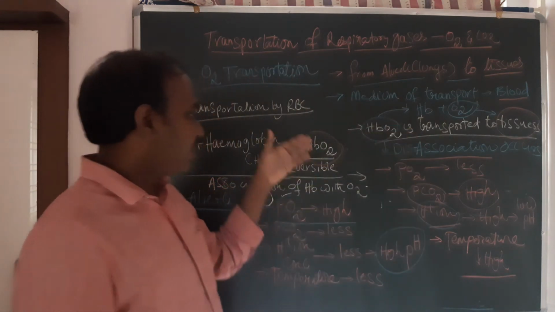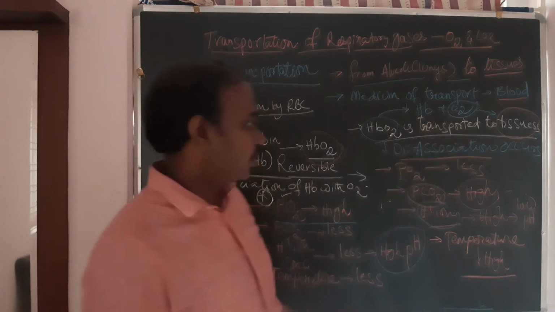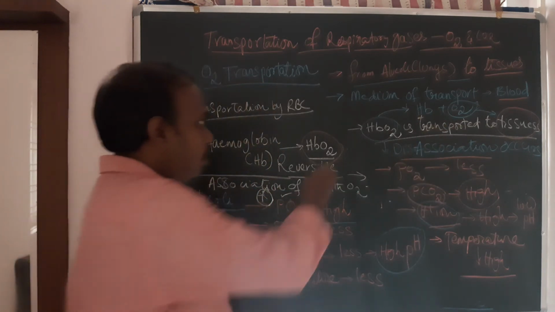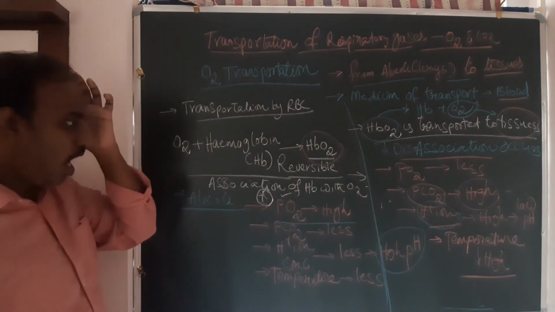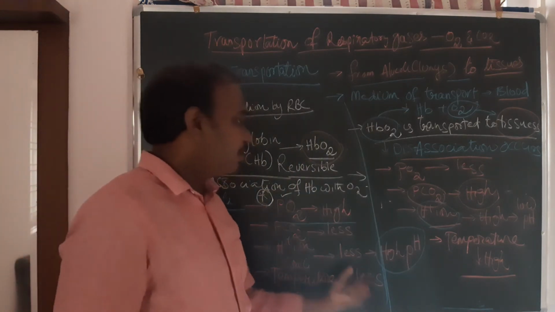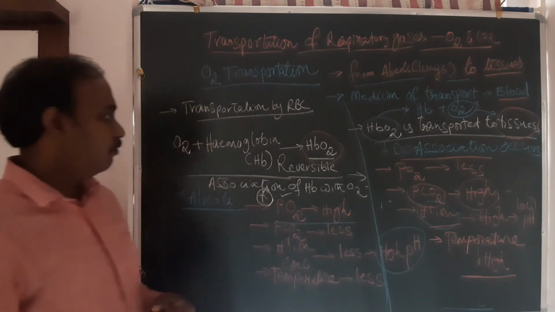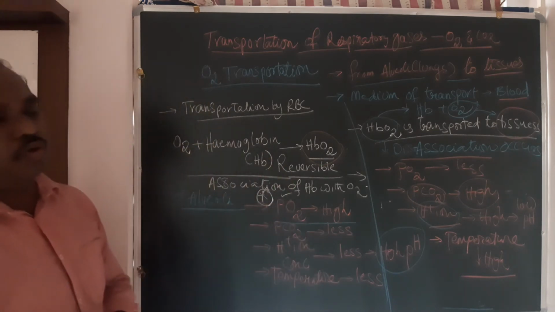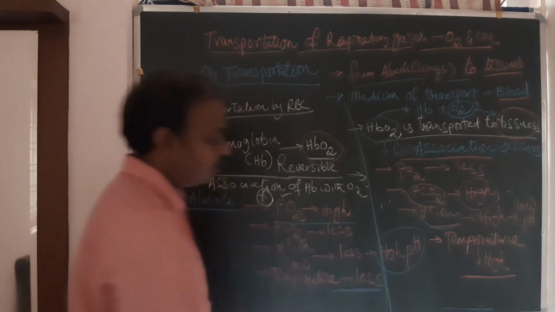So these are the factors associated with the dissociation, right? These aspects are very important. For example, if I asked you whether high temperature favors the formation of oxyhemoglobin, obviously not. Less temperature does.